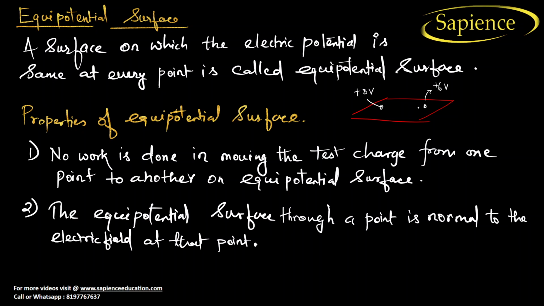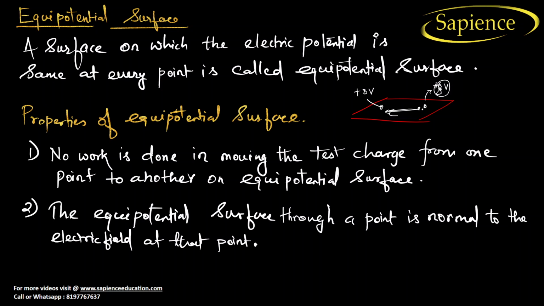If you want to move a charge from 6 volt to 8 volt, you have to do work, right? But if this is also 8 volt, no work is done.